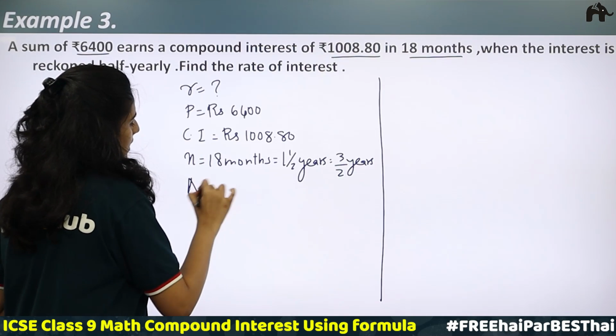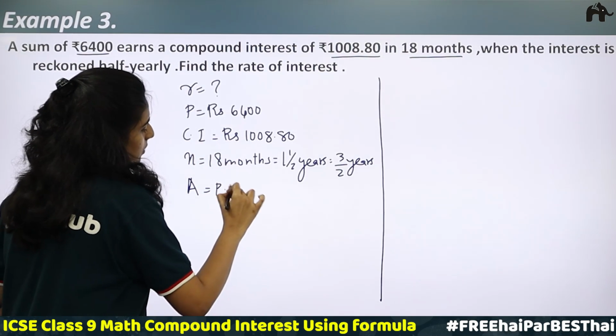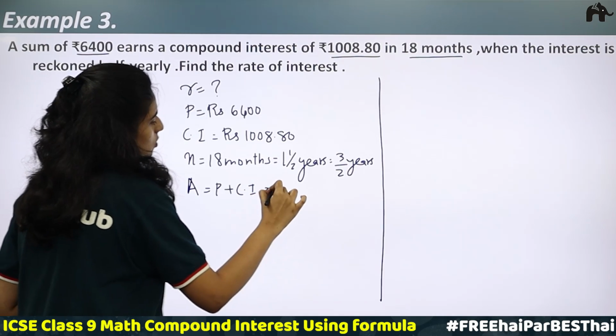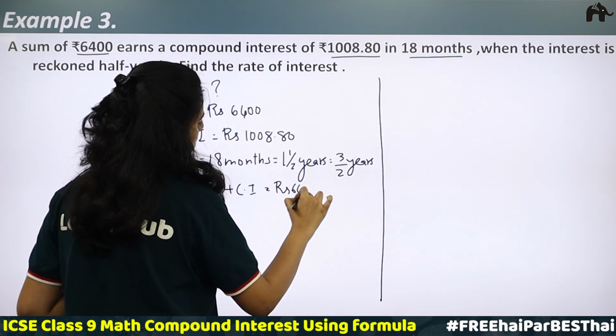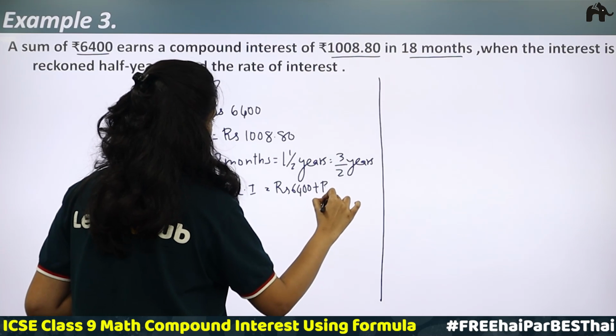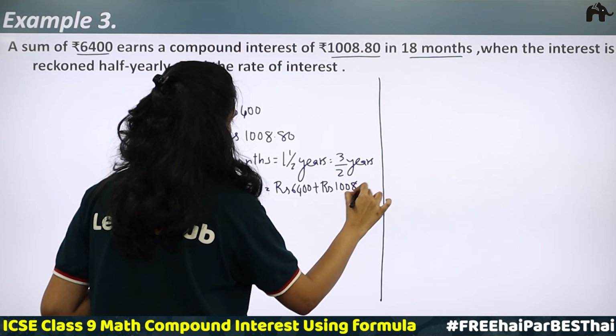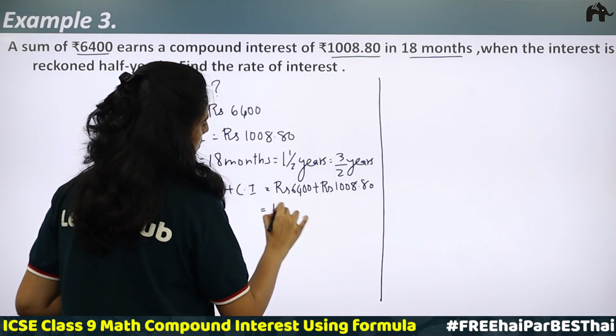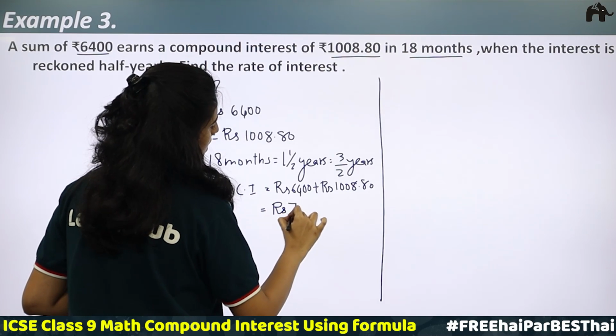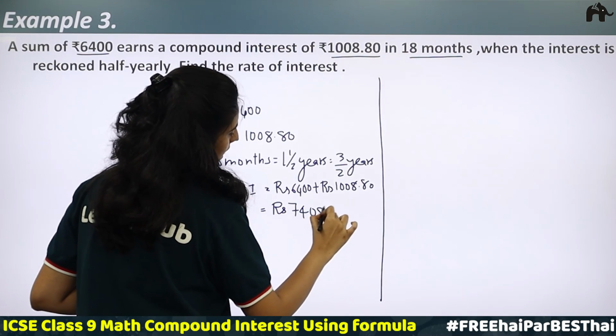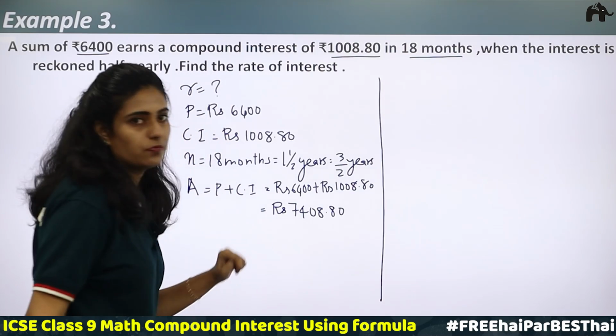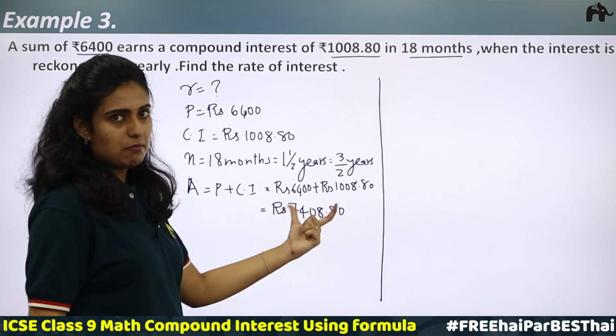First, we have to find the amount. Amount can be determined when the principal and compound interest is known. So, rupees 6,400 plus rupees 1,008.80, which is equal to rupees 7,408.80. Okay, so this is the amount.